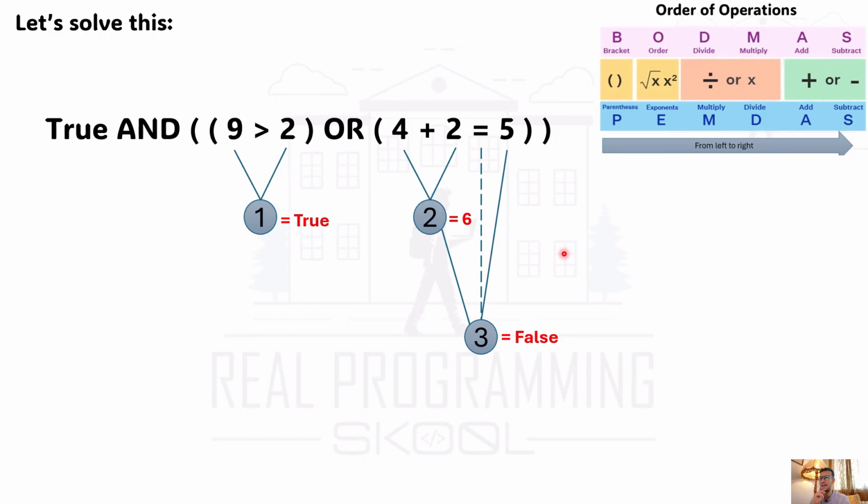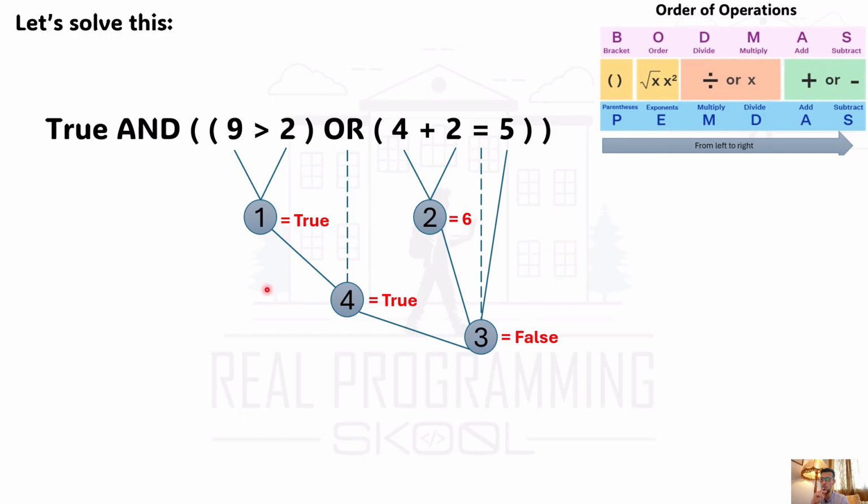Now inside the bracket, we still have or. So we take these results, true or false. In the or operator, any true gives us true. If you have one condition true in an or operator, it gives us true. Here we have one true, so true or false gives me true. Now we have finished the brackets and we go out. What we have is true and the other result.